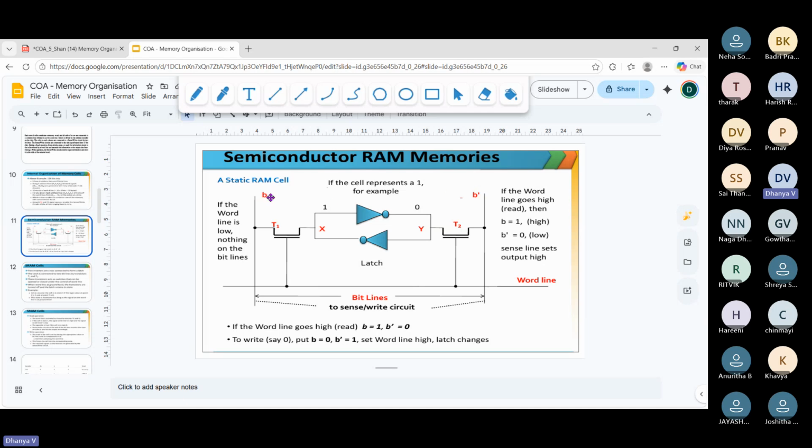Whatever you're entering in your B and B dash will be your latch values. The B and B dash will override your latch system because you're writing into the system now. So your B and B dash will take over and that will write the value in your latch. That's all when it comes to writing.